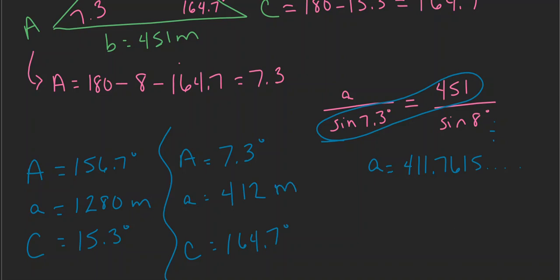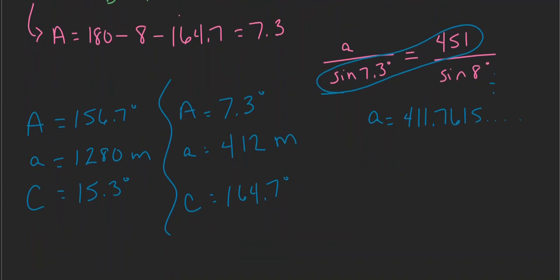The big thing here is that because angle C was the first angle we found, if you look at these, they are supplementary, which we talked about in the geometry chapter. They add up to 180, and that will always happen in the first angle that you found.